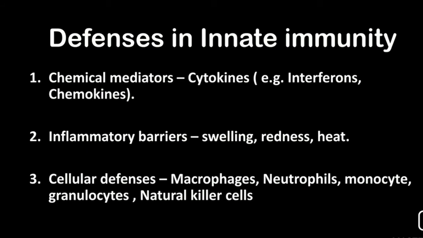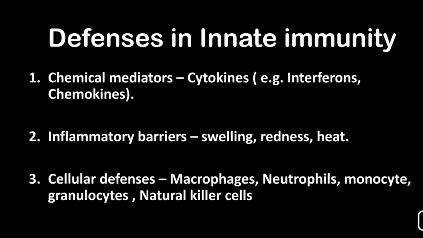This is the most important part of innate immunity, the cellular defenses, which help defend our body against foreign invaders. Such cells are macrophages, neutrophils, monocytes, granulocytes, natural killer cells, and a few others. Now let us talk about the most important ones only.